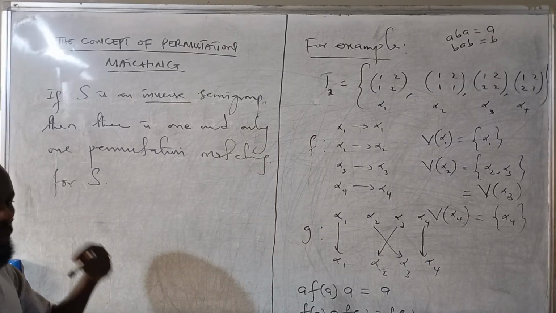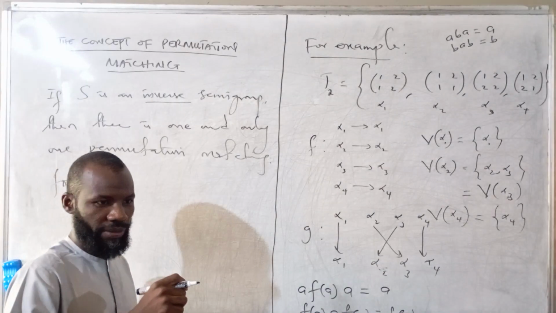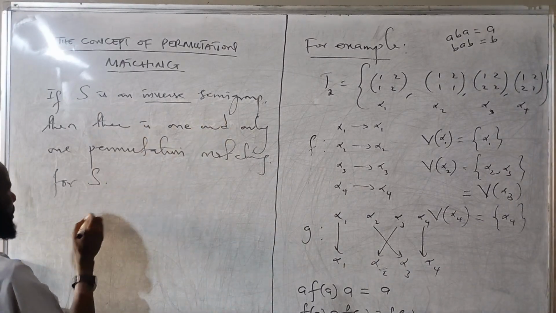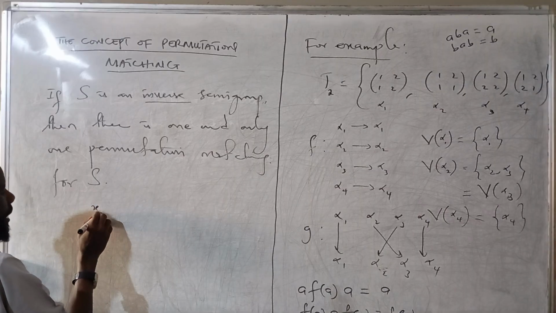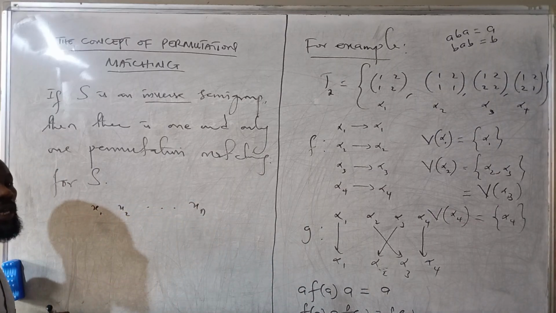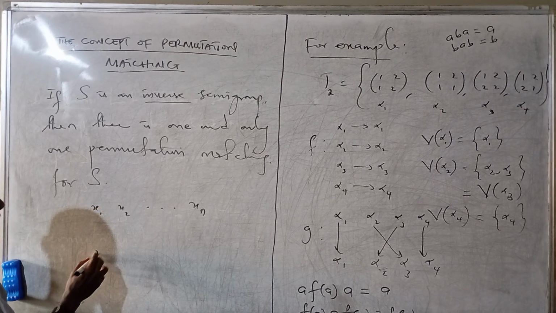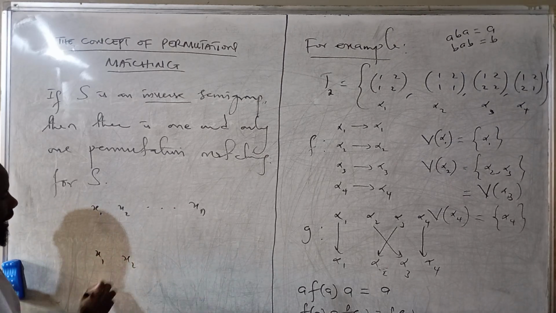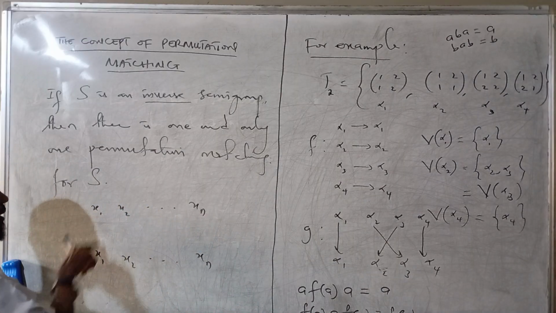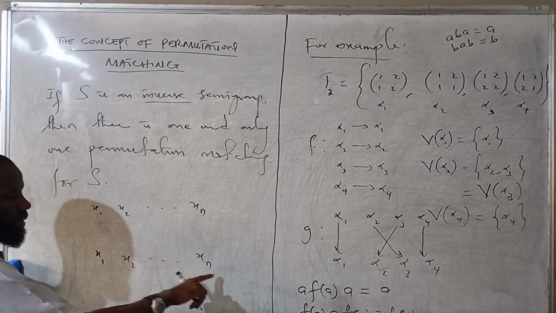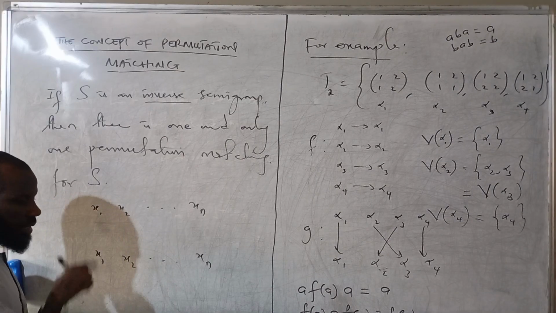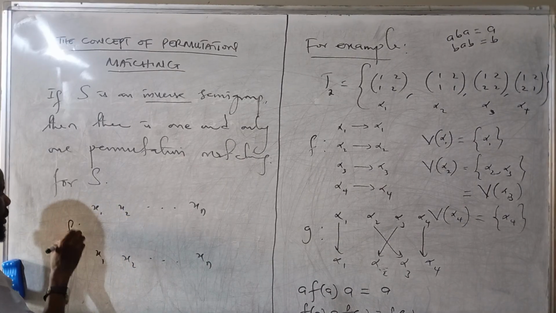This is because every element has a unique inverse. So if the semigroup is seen to be x1, x2, all the way down to xn, let's say a finite inverse semigroup, and you arrange the elements like this, then since there is only one inverse of x1 in this list, you have one and only one way of identifying an image under any permutation matching.